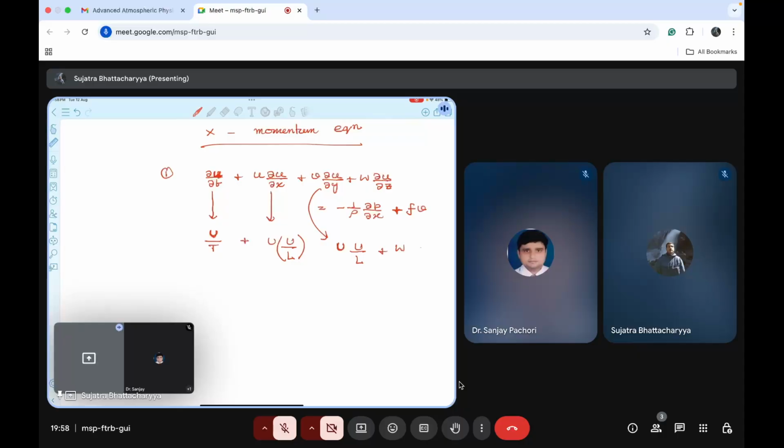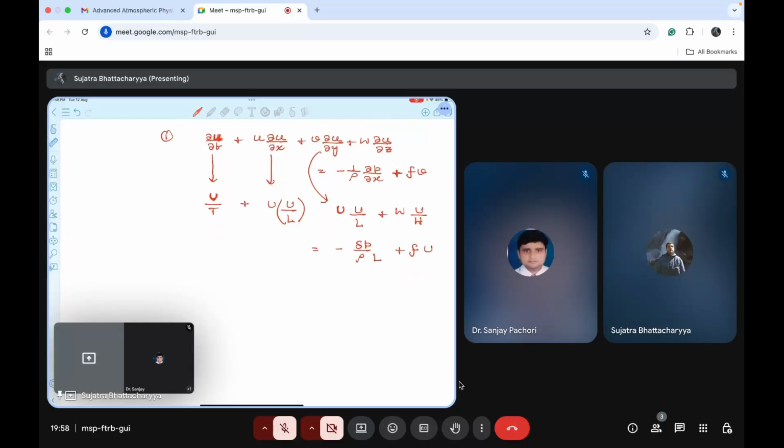Next, W delta U delta Z is W, U by H, height. Then minus delta P by rho L plus f and U. That's all. Just put in each and every value and see which term is dominant.